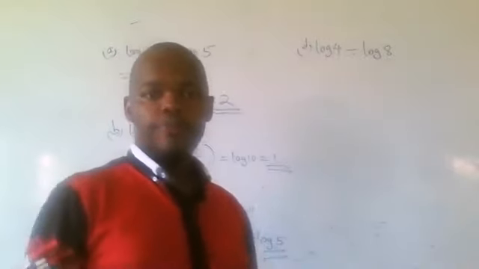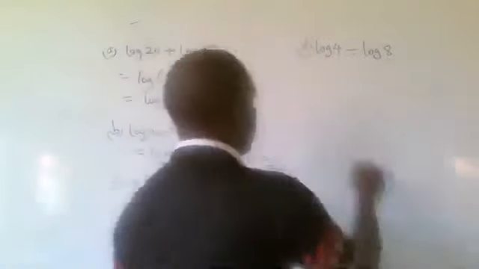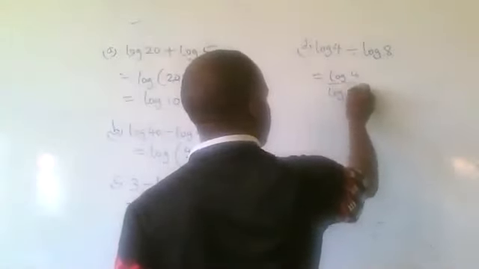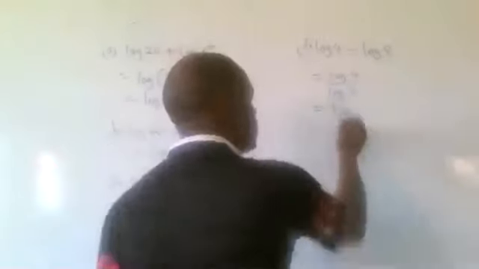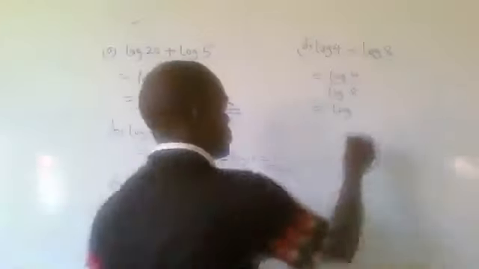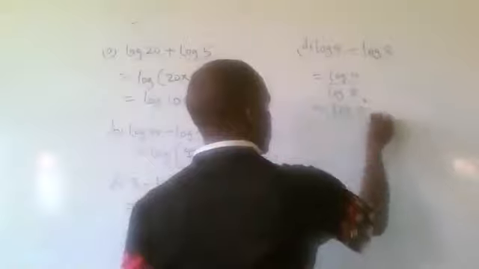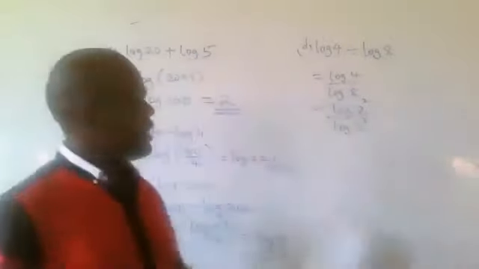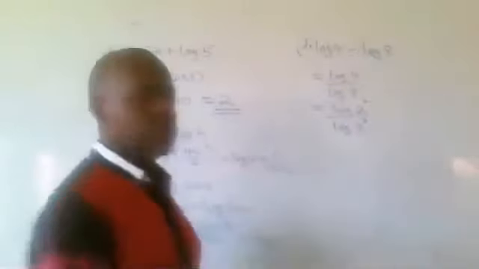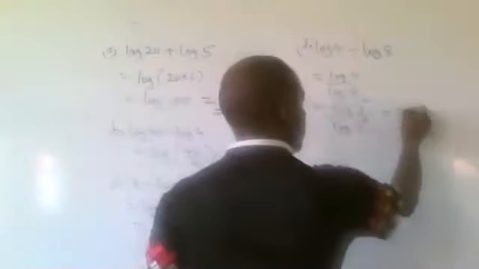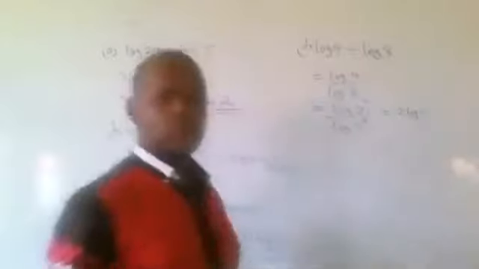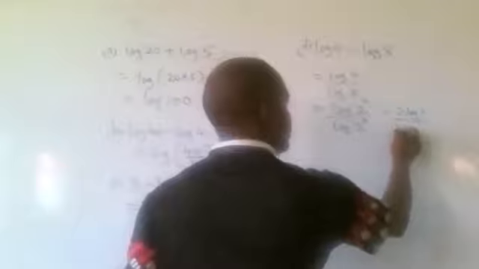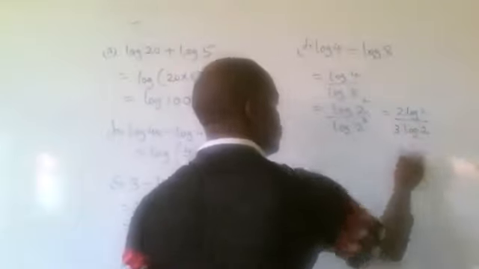So this is what you do. Log 4, you just write it as log 4 over log 8. But log 4 is log 2 power 2. Log 8 is log 2 power 3. And then log 2 power 2 is written as 2 log 2. And then log 2 power 3 is 3 log 2.